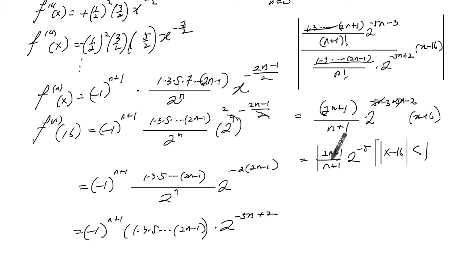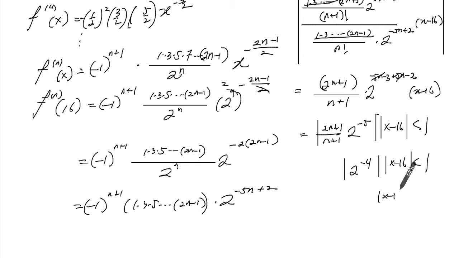Okay, so this limit here, as n approaches infinity, we get exactly 2. So we get 2 to the power of negative 4 here. That means x minus 16 is going to be less than, right, if you multiply both sides by 2 to the power of 4, 16. So the radius of convergence is actually 16.